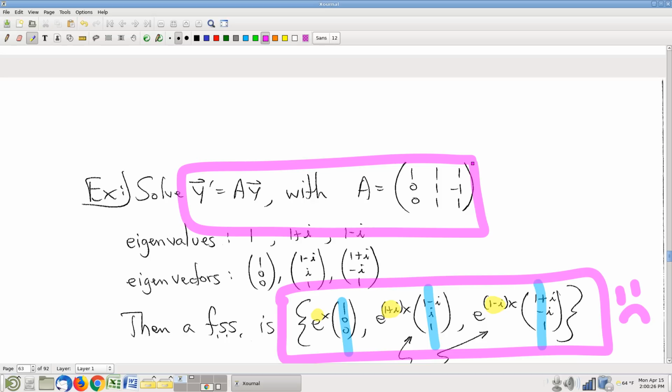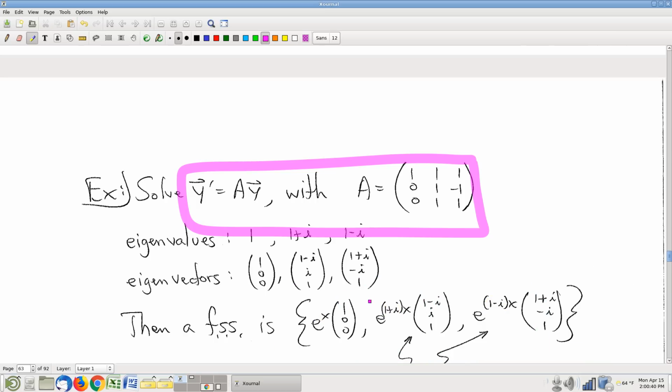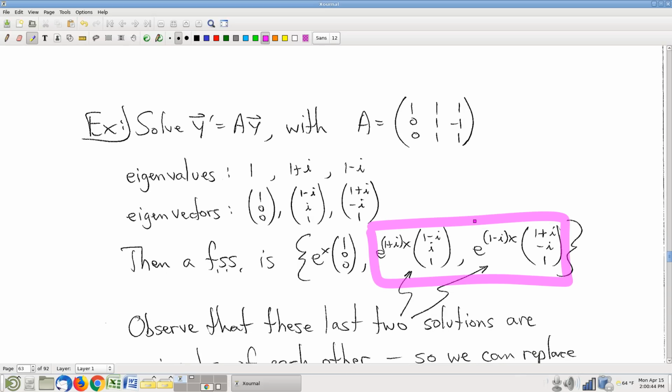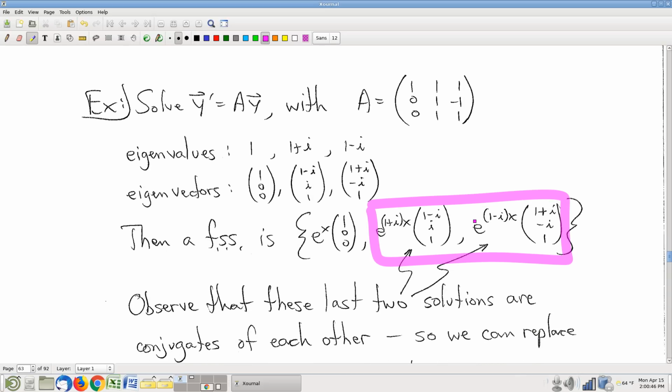What is this? We're in the real world, not the complex world. So we would like to trade these complex valued solutions for real valued solutions. Specifically, these two here that are complex valued, we'd like to swap out for real valued.